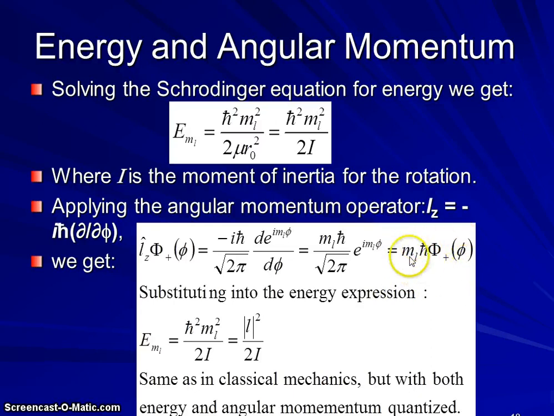So there is our eigenvalue. Substituting that into the energy expression, we can say that the energy of rotation is the angular momentum about the z-axis squared over 2 times the moment of inertia. That's the same result we get in classical mechanics, just with angular momentum and energy both quantized according to m sub l.